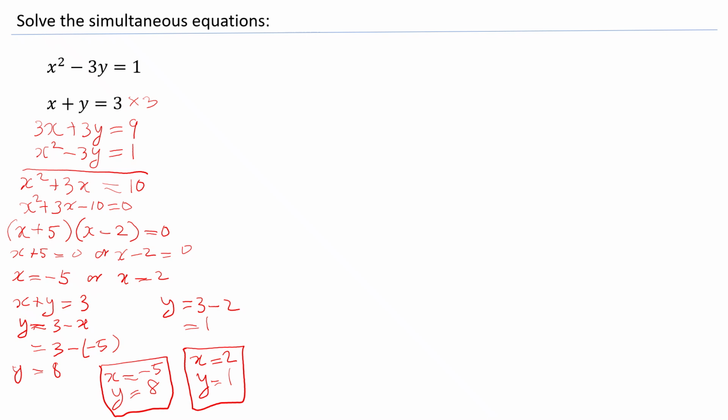From equation 2, y equals 3 minus x. So I'm going to substitute into the first equation. So x squared minus 3 times (3 minus x) equals 1. So x squared minus 9 plus 3x equals 1.